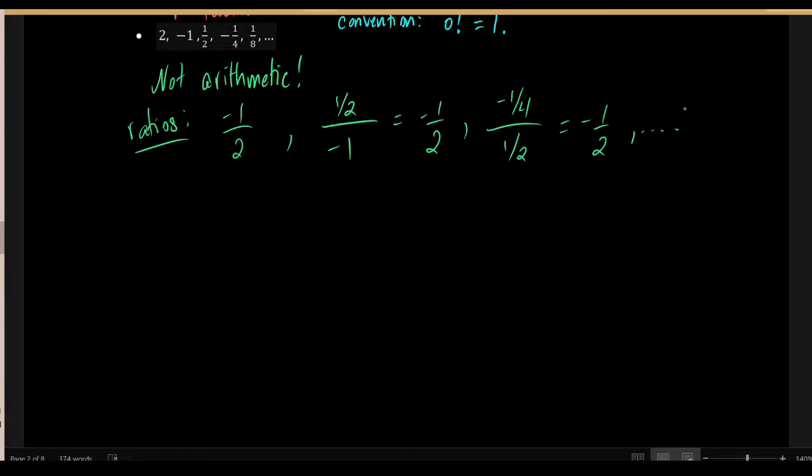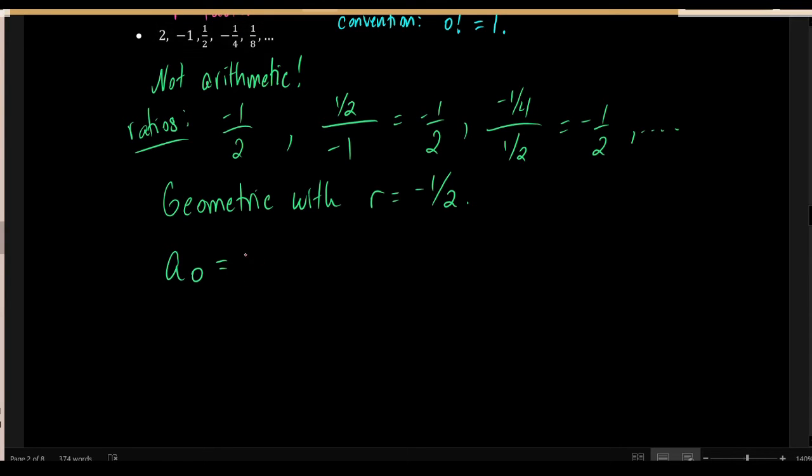So the sequence is geometric with a common ratio of r equals minus 1/2. And with my convention that a0 is the first number in the sequence, a0 would be 2.